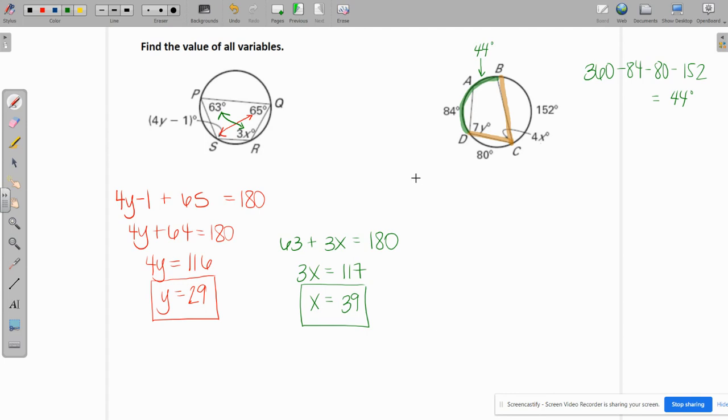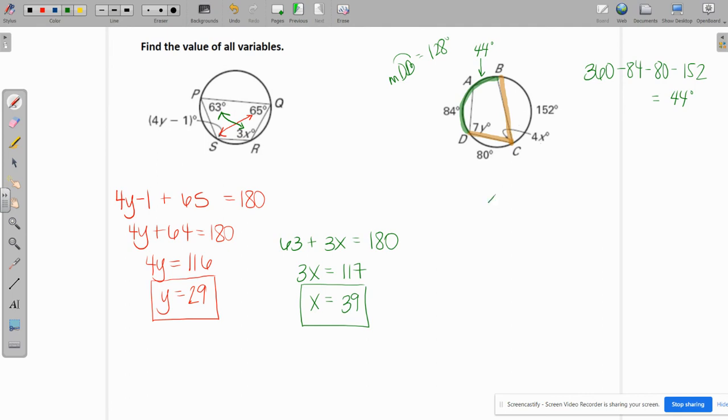So I could go through and I could say that now that 84 and 44 are both labeled here, then I know that this entire arc, arc DB, is going to be 84 plus 44, which is what? 84 plus 44 is 128. So the measure of arc DB is 128 degrees.